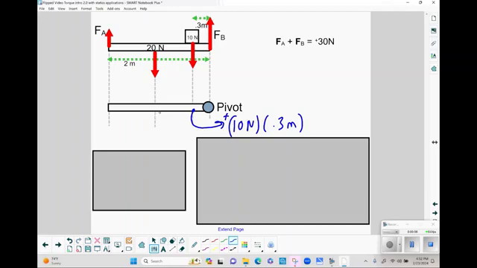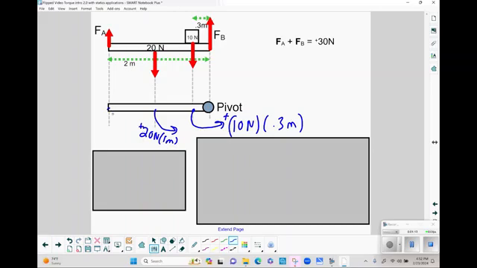The 20 newton force also will go down and around, like the 10 newton force. So that will result in a counterclockwise torque. And that will be 20 newtons times the distance from the pivot, which is still, again, 1 meter. And that would be a positive torque.